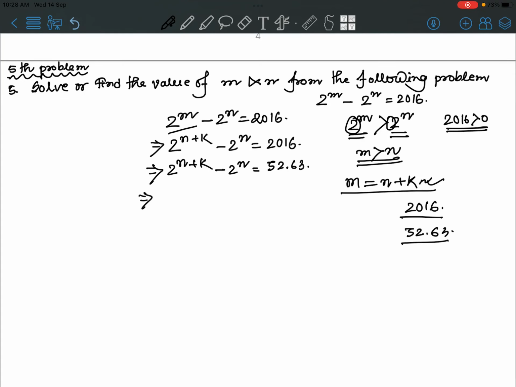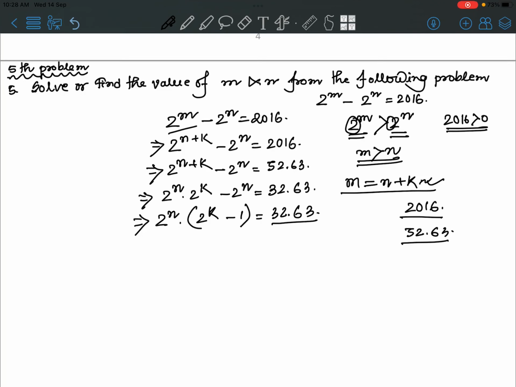Now 2 to the power n plus k can be written as 2 to the power n into 2 to the power k, minus 2 to the power n equals 32 into 63. Now we take 2 to the power n as common. So 2 to the power n into 2 to the power k minus 1 equals 32 into 63. Now we will use the even and odd concept on both sides of the equals. 2 to the power n is even, and 32 is even.